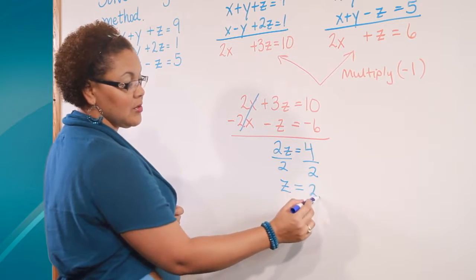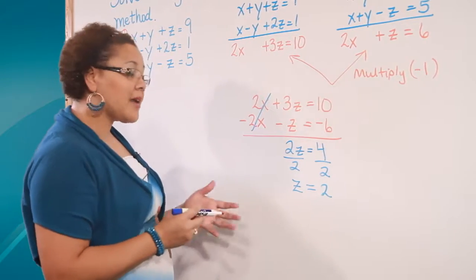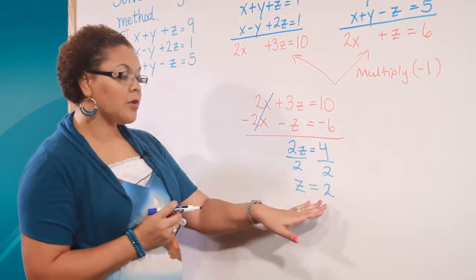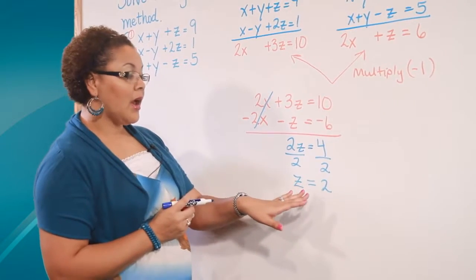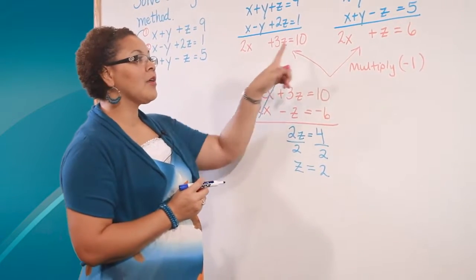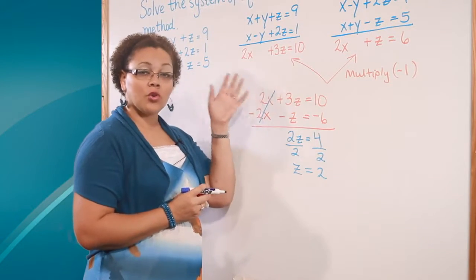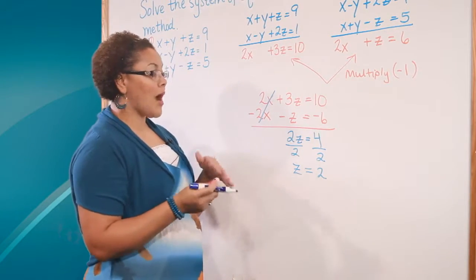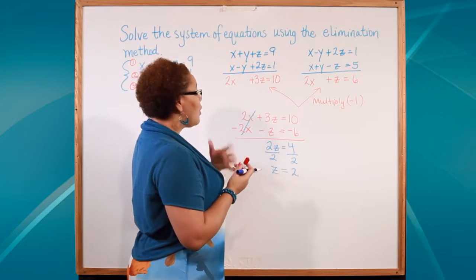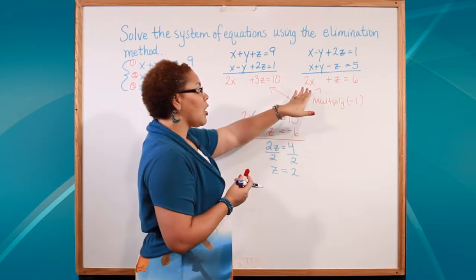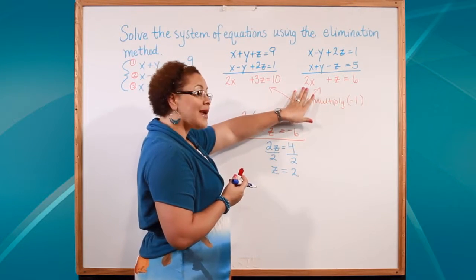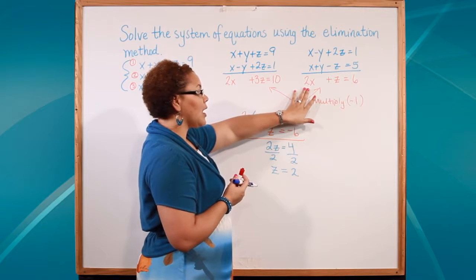Therefore, z is 2. And now using back substitution, I can take the value we have found for z and substitute it into either of the equations that contain two variables. It's your choice, so there's no wrong or right way to go. I'm just going to arbitrarily choose the second equation that I created with two variables.